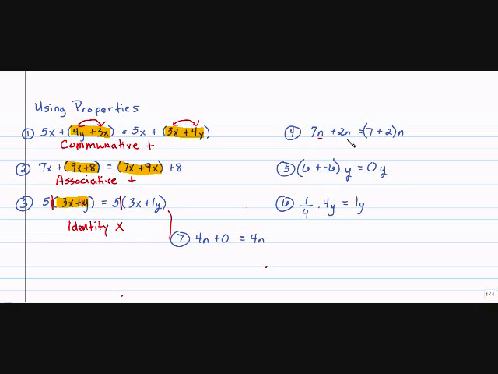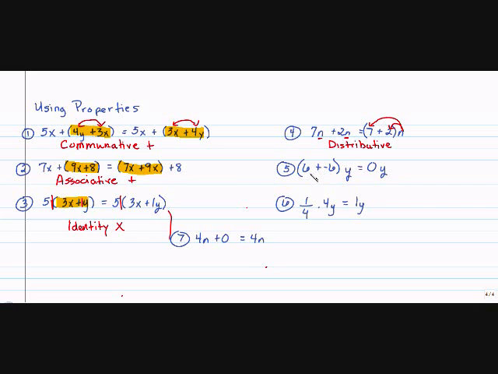It looks like they took an n out. So I would have to distribute the n to the 7 to get 7n, and the n to the 2 to get 2n. So if you guessed distributive property, then you're correct.